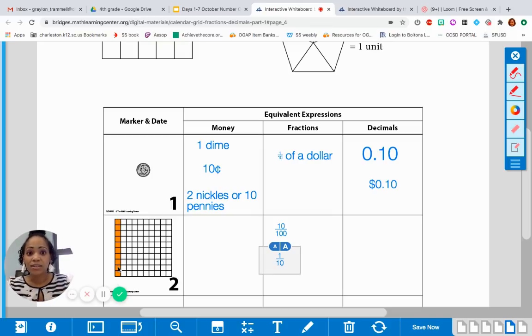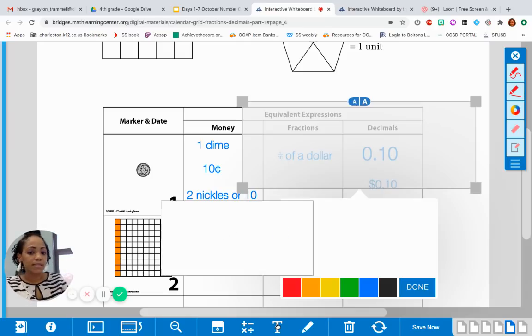In a dollar, there's 100 cents. And in this flat or grid, 10 by 10 grid, we have 100 squares. So 1/10 is still worth 10 individual little boxes here. Okay, so I'm going to add that then to our money section.